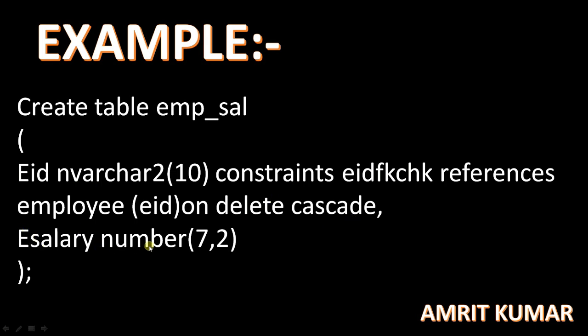Now ESALARY is NUMBER(7,2). This is how you can add the foreign key on the employee salary table, and it references the employee table, which is the master table, on EID. So this is the way through which you can add the foreign key in Oracle. Thanks for watching.